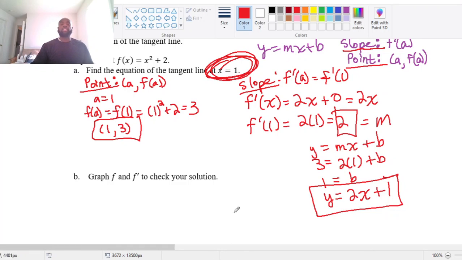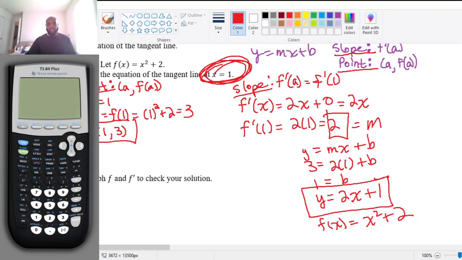And so what I'm going to do is graph both the function. My function was f of x equals x squared plus 2, and my tangent line is 2x plus 1. I want to graph that so that I can see that this is in fact my tangent line.